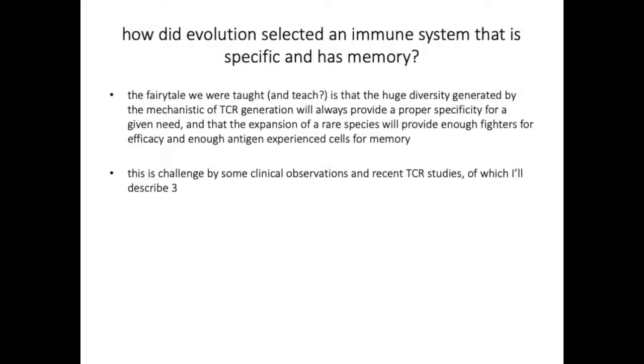Now, before I show you data that actually question this notion of specificity, one can also wonder how the immune system would have been selected during evolution to have a high degree of specificity.